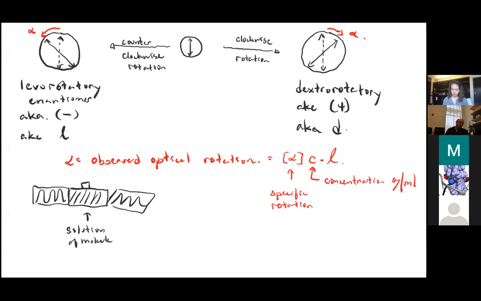Concentration is usually expressed in grams per milliliter, and it's just kind of the way it is.